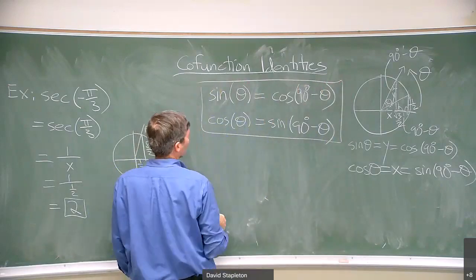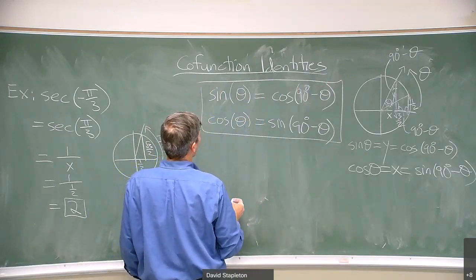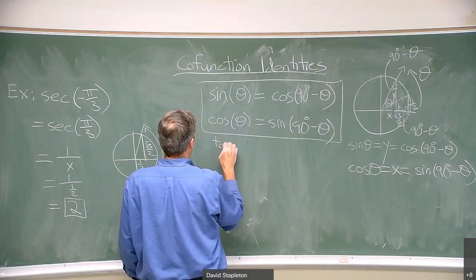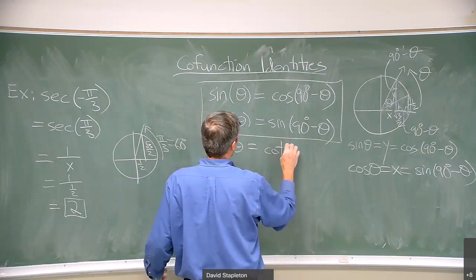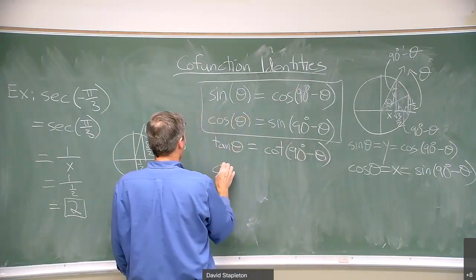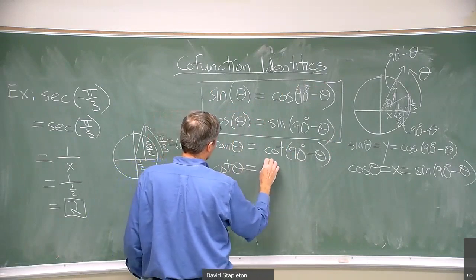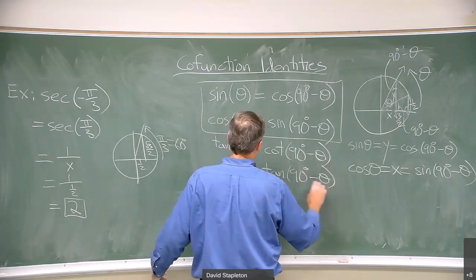Furthermore, I'll state without proof, although you can do it just as well, it's similar. If you take the tangent of any angle, it's the same as the cotangent of 90 minus the angle. The cotangent of any angle, correspondingly, is the tangent of 90 minus the angle. So they're co-functions of each other.